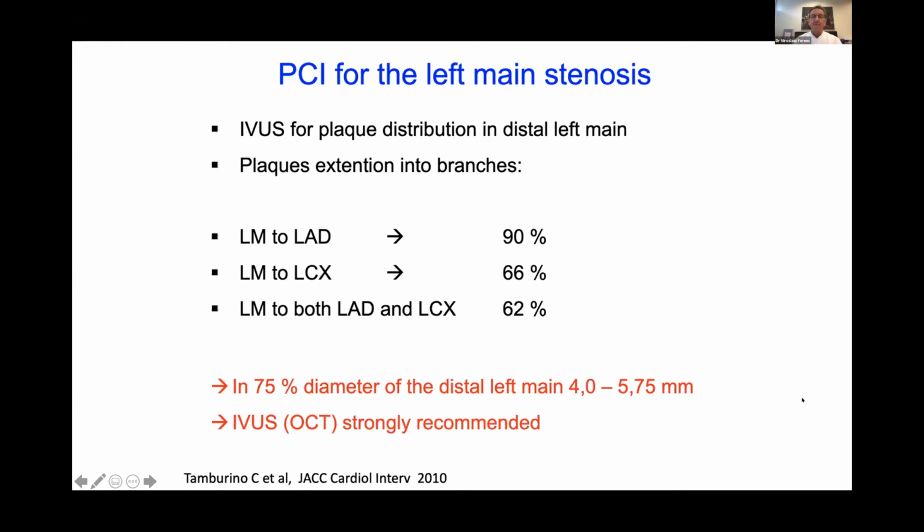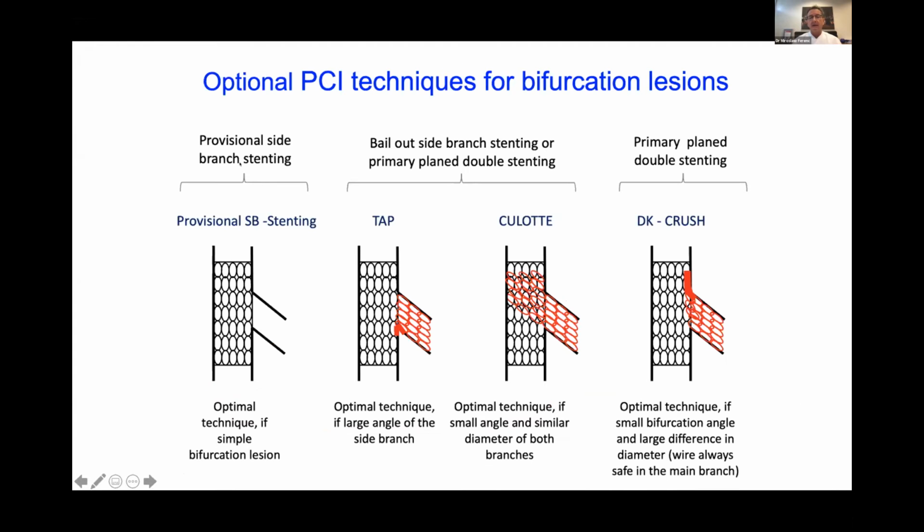As we discussed in the previous lecture, you have practically 3 or 4 options. We have the provisional approach, and we have TAP and culotte, which are suitable for both approaches: you can go primarily with double stenting, or use them as a bailout.